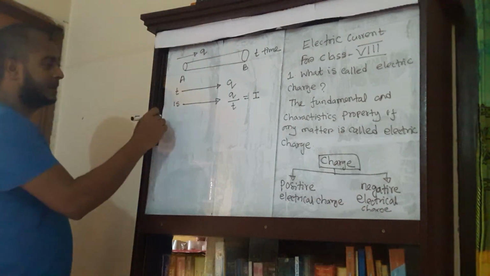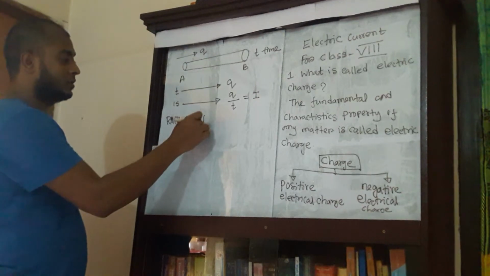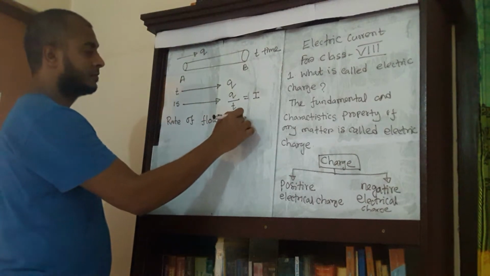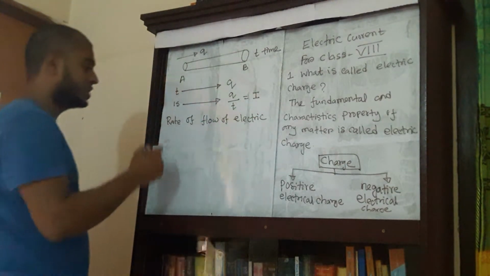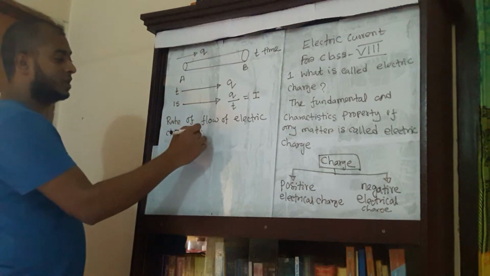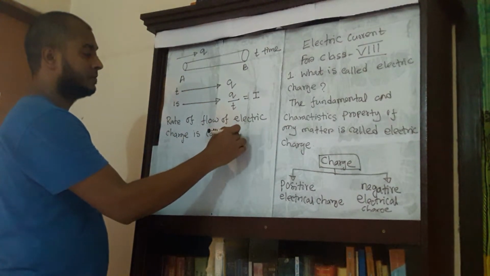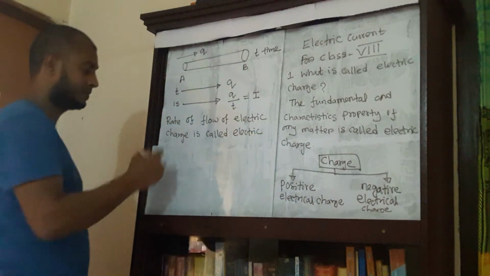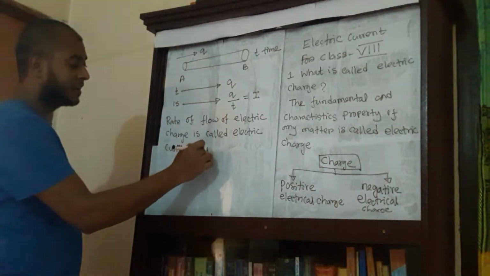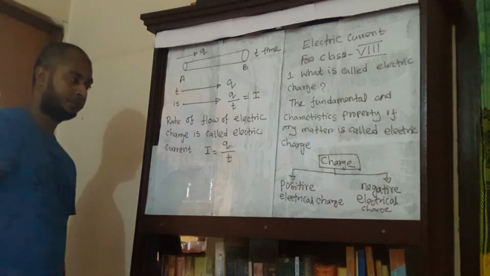Electric current is the rate of flow of electric charge. So electric current I will equal Q divided by T.